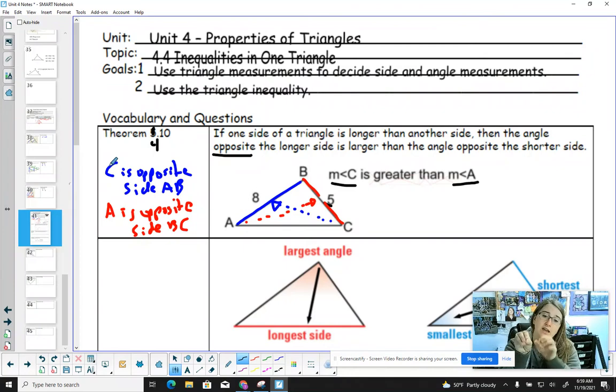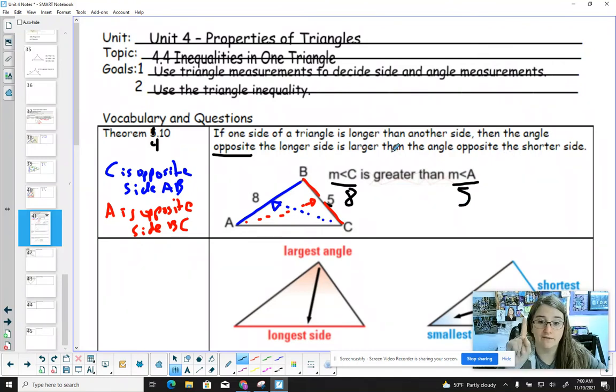So the size of the angle actually correlates to the side opposite it, right? Again, if you see my fingertips, here's a very small angle. I'm going to keep opening up. As I make the angle bigger, my fingertips get farther apart. That's the opposite side, right? So again, we know that C is greater than A because side AB, which is 8, is bigger than side BC, which is 5.